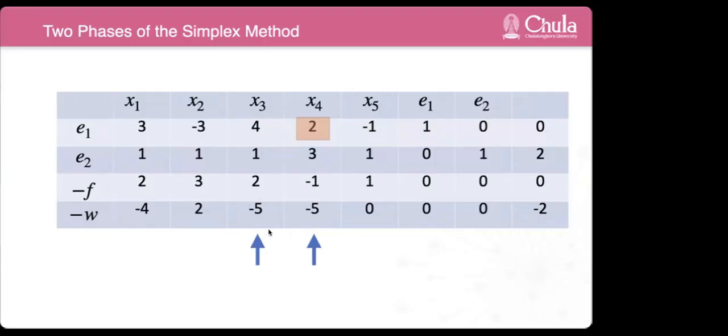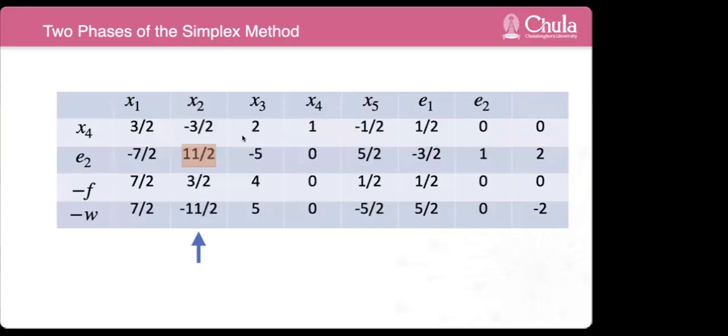They have the same coefficient of -5. Let's choose this column. We introduce x4 as our basic variable, while E1 will be released. We replace E1 with x4.